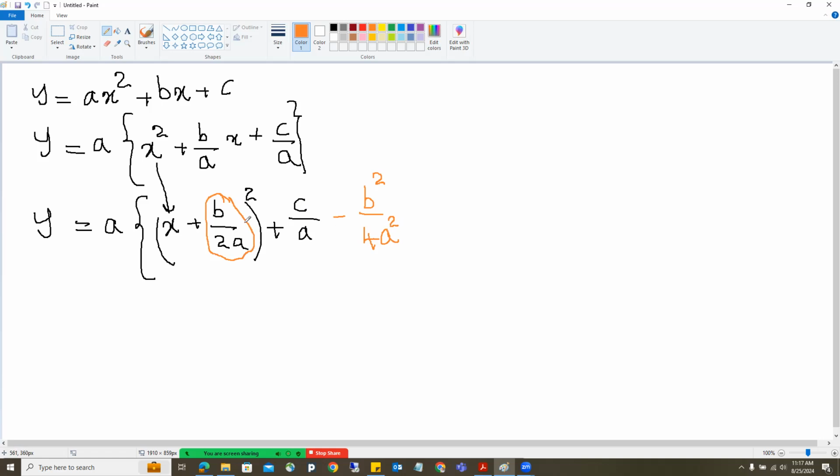Since this is an additional term, we need to subtract that term from this given equation.